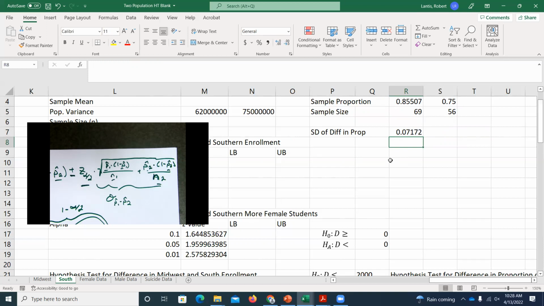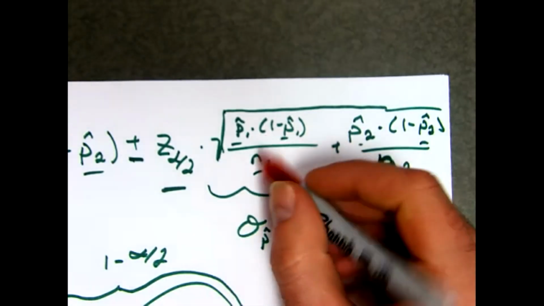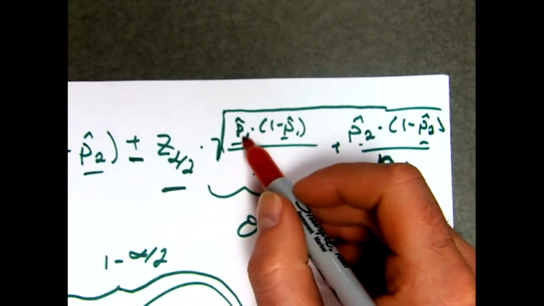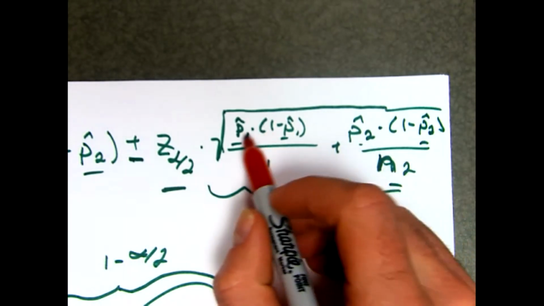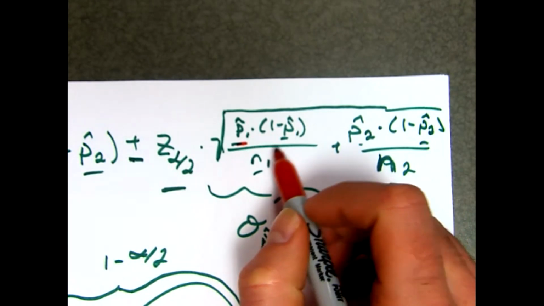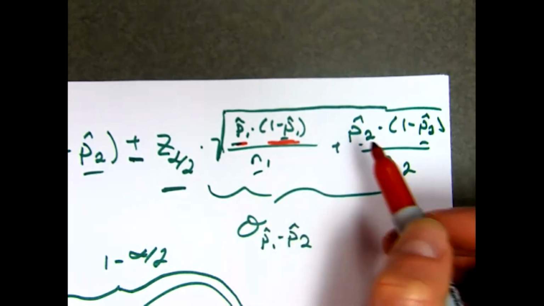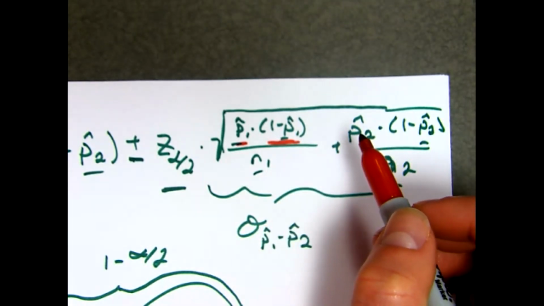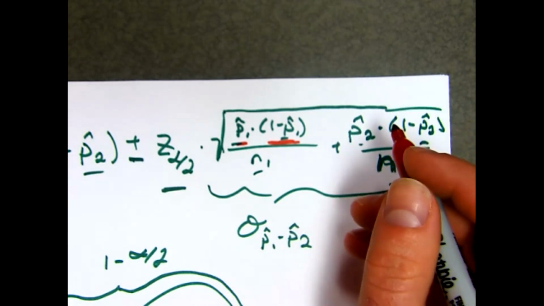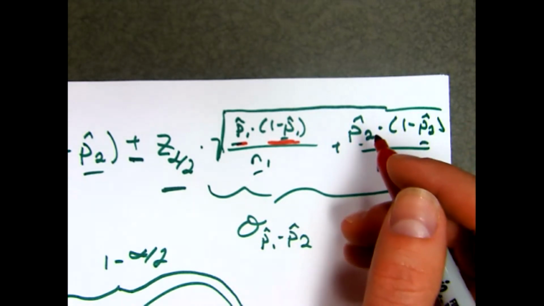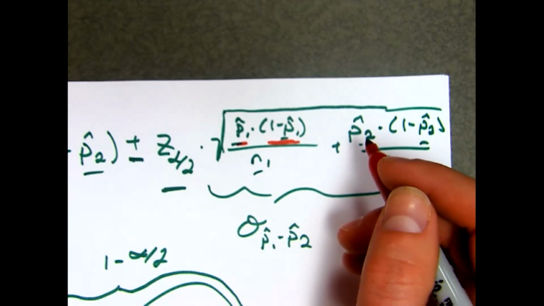One thing to kind of think about. So the standard deviation of our sample proportions. I just want to point this out. My proportion is always between 0 and 1. So I'm taking a number that's less than 1, multiplying it by a number that will be less than 1. If I do that, I can only end up with a new value that's even less than 1, like 0.1 of 0.5 is even smaller.